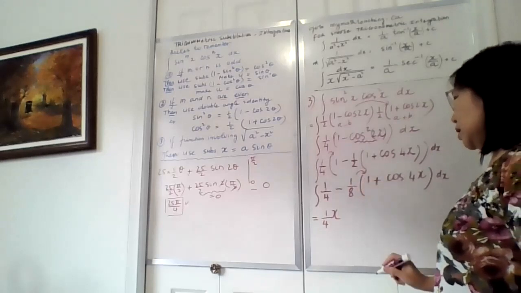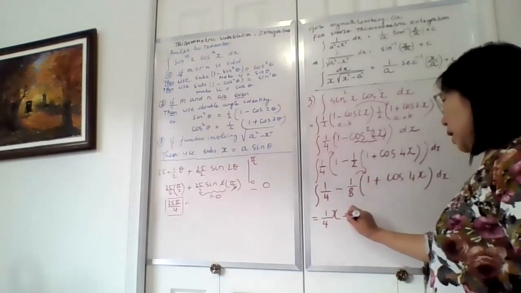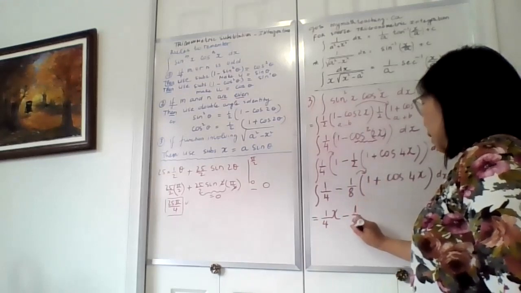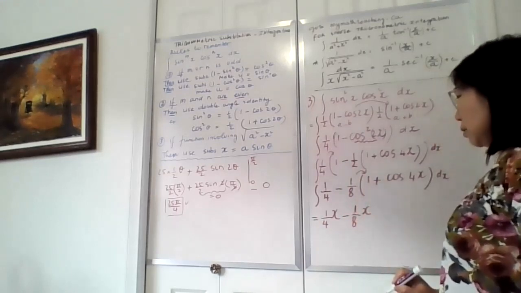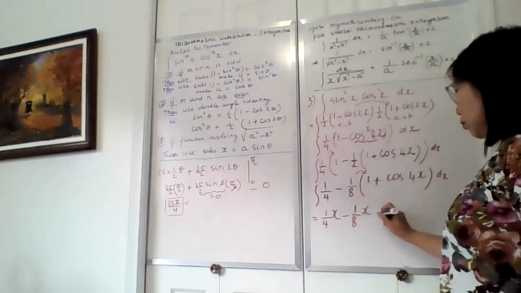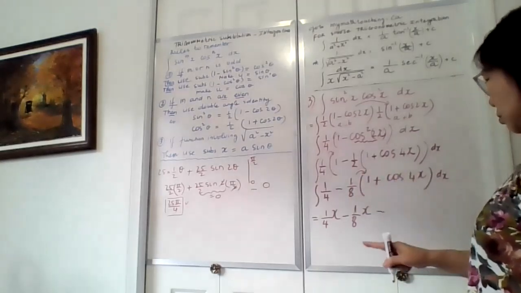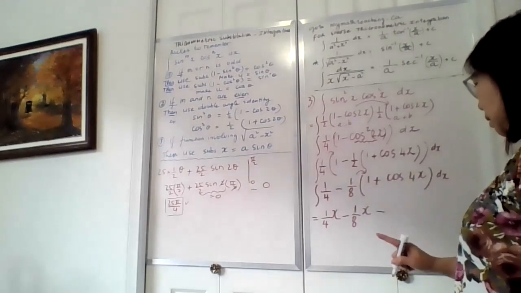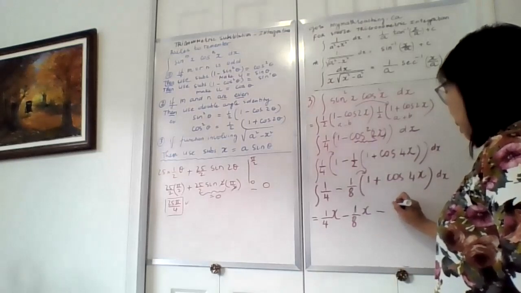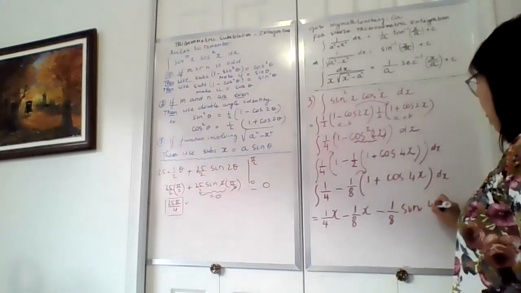This times with that is just the same like 1/8. 1/8 minus, and minus just minus when we take it outside, so that will become 1/8 x when we take it outside. And this will attach to this when we bring it out as well, and that will be minus as well. Now, the antiderivative of cos is positive sine, so that should be negative. That's right. So that will be minus 1/8 sine of 4x.